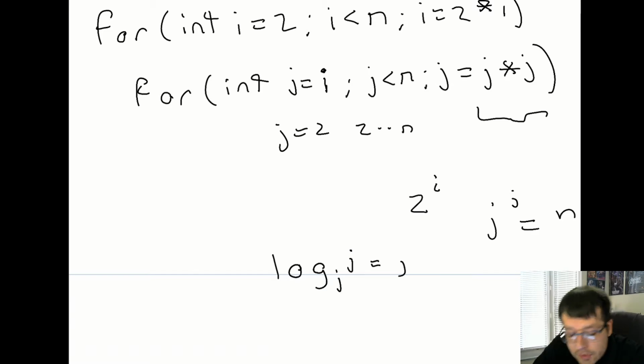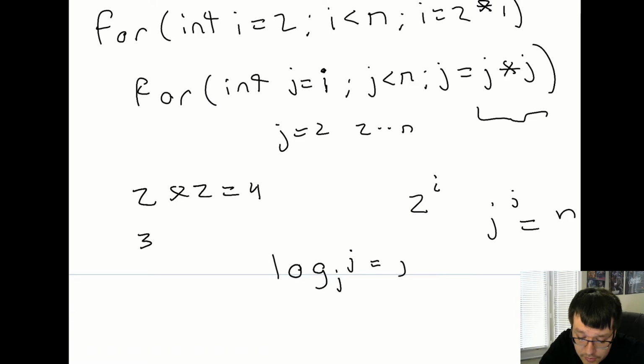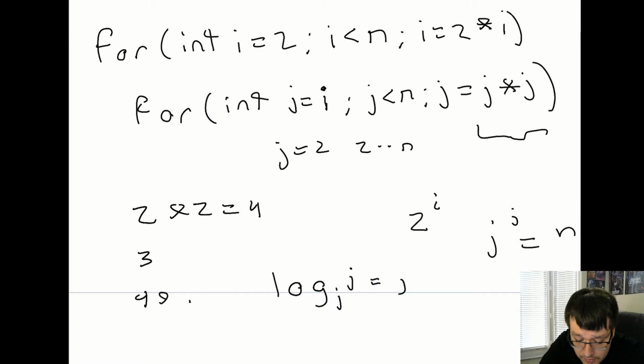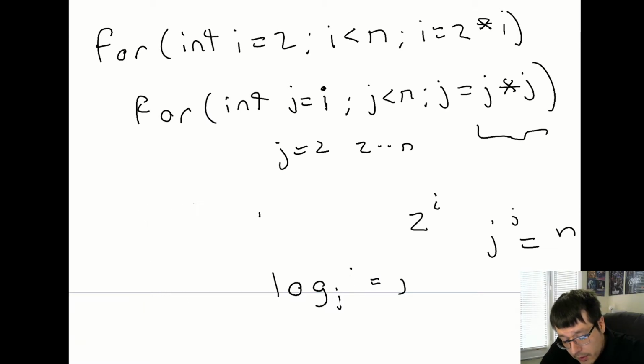Okay, it is going to finish because it starts at 2. I was thinking it wouldn't finish. The first time it's going to go 2 times 2, which is equal to 4. And then the next time around it's 4 times 4. So more than likely, I would claim that it's logarithmic or less than logarithmic for the internal one. So let's just go with logarithmic for now.